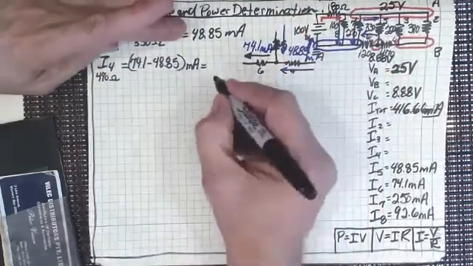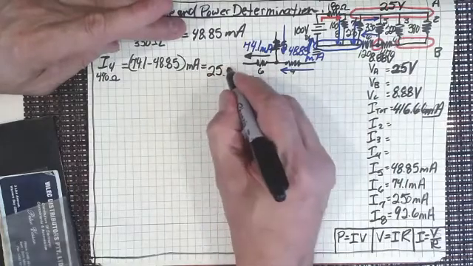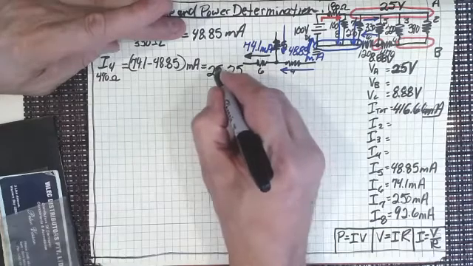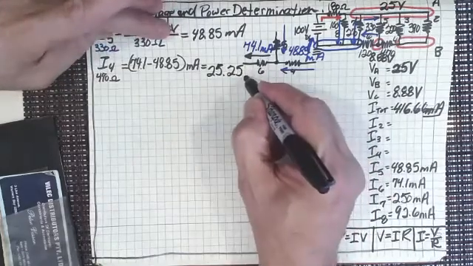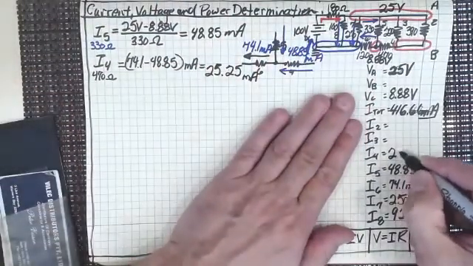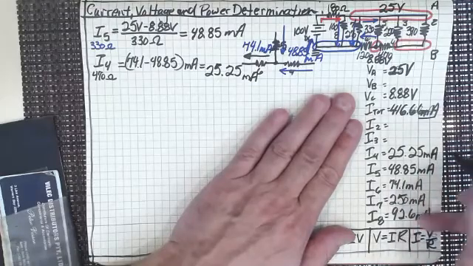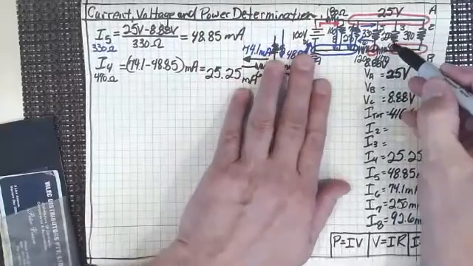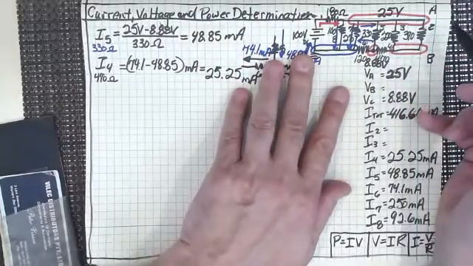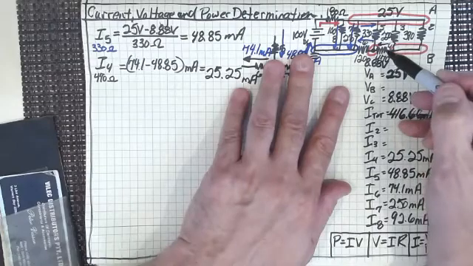So what this leaves us with is 25.25. How appropriate is that? Milliamps. So there you go. Now we have I4, don't we? 25.25 milliamps. Right? Now that also tells us something very interesting. Because now I know the amount of current that is flowing back through that R4 resistor.